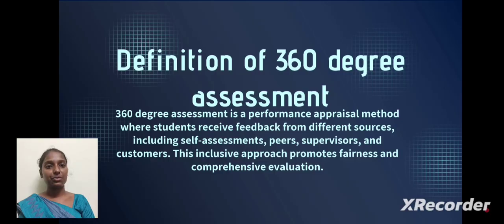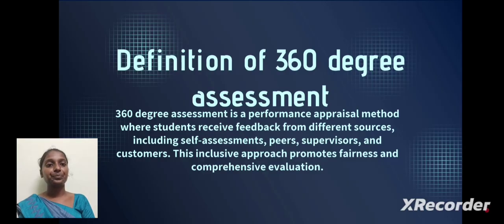Definition of 360-degree assessment. 360-degree assessment is a performance appraisal method where students receive feedback from different sources, including self-assessments, peers, supervisors, and customers. This inclusive approach promotes fairness and comprehensive evaluation.